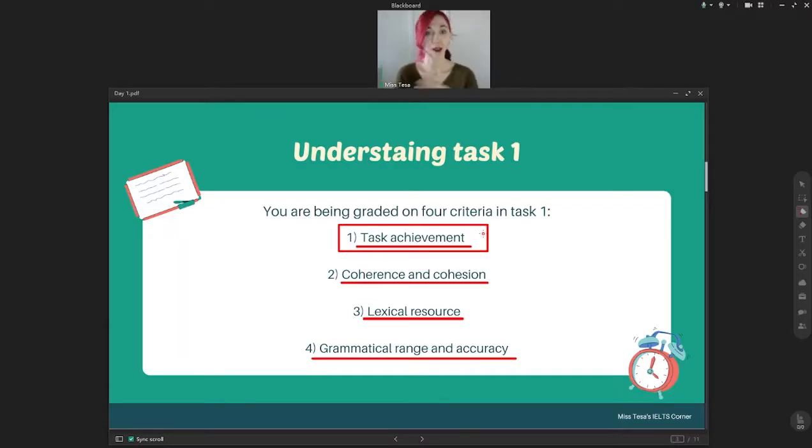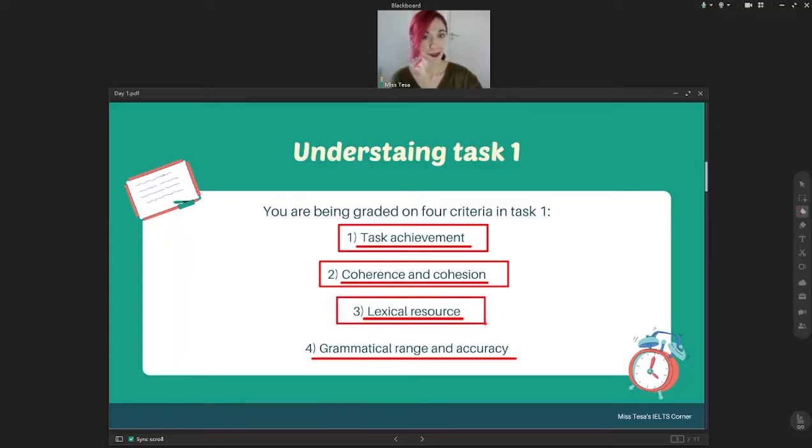Did you mention everything that was important? Did you stray away from the topic? Did you just overall do your job, right? Coherence and cohesion means how good were you at making the reader understand what you wanted to say, right? So coherence and cohesion can be summed up to, is your writing understandable and is it logical?